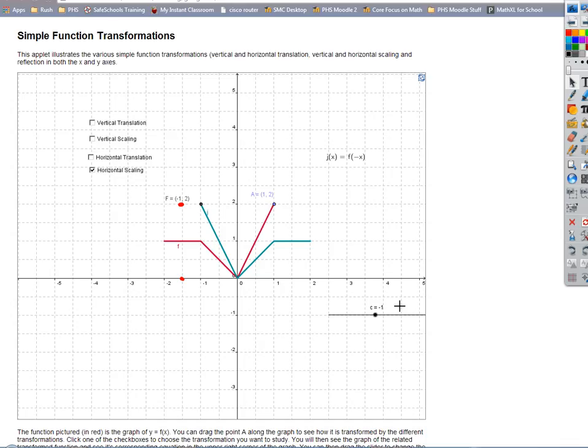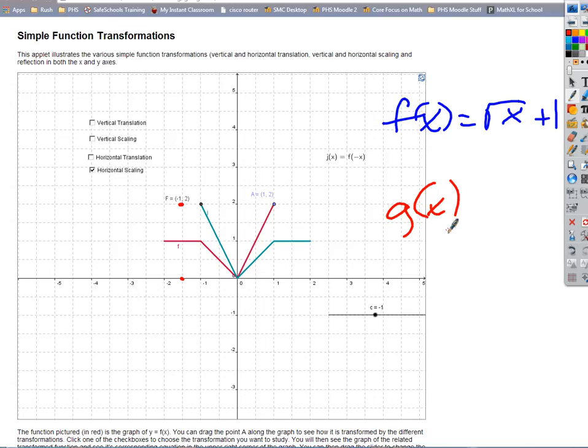Okay, I got an example. Back table in the corner, you guys are on the spot, you're talking. If this is my original function, f of x, we'll go back to square root of x plus 1. If I want to create g of x that is going to reflect it over the y-axis, what's it going to look like?